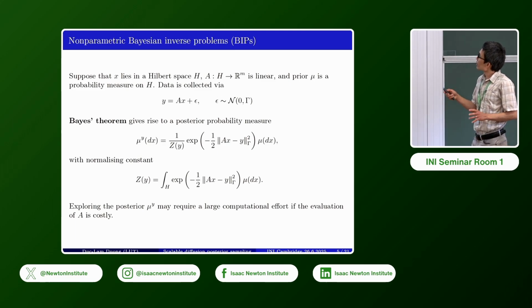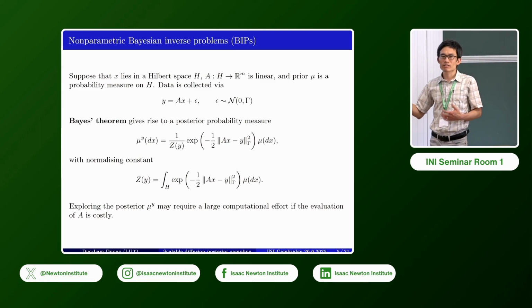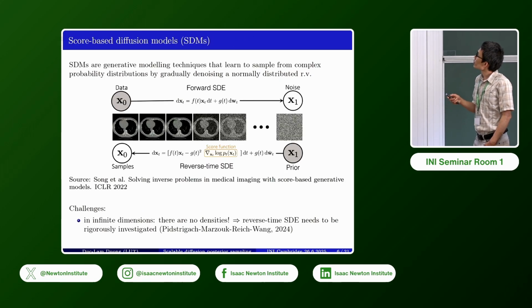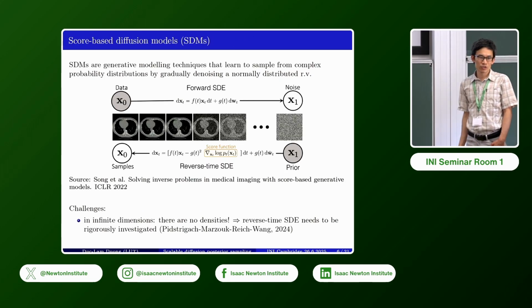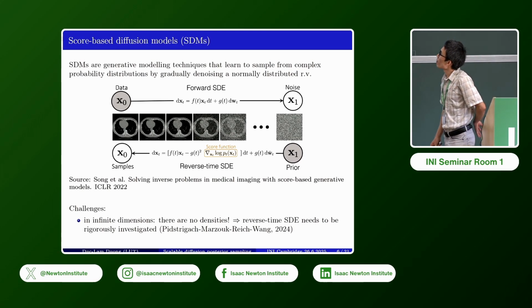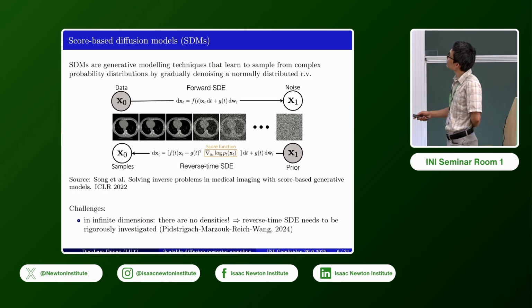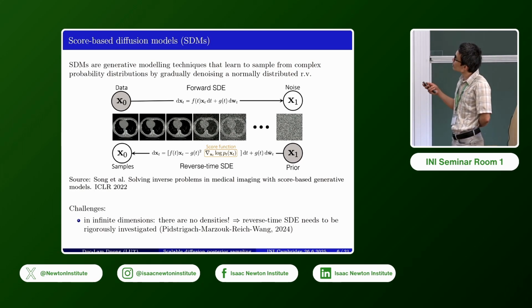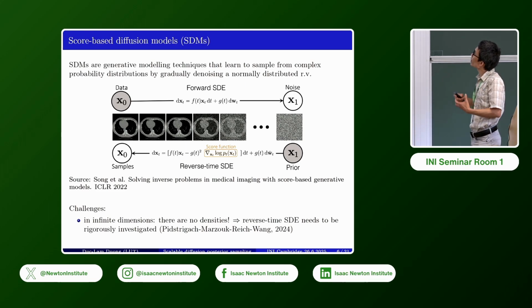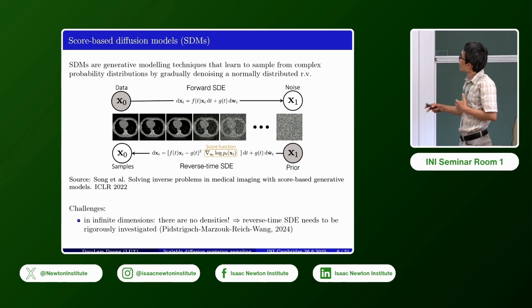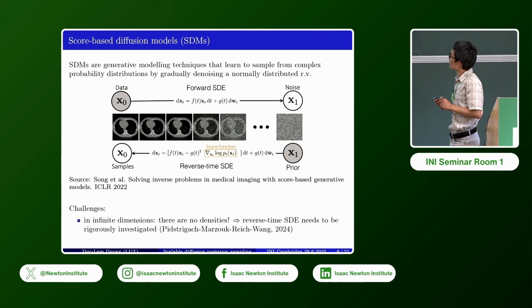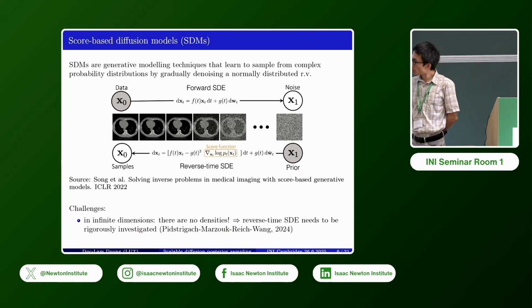So what we do is that we will try to leverage the diffusion model here. Just a very quick recap. We have seen diffusion models throughout the week. Basically, score-based diffusion models are generative modeling techniques that try to sample from some complex distributions by gradually denoising a normally distributed random variable.